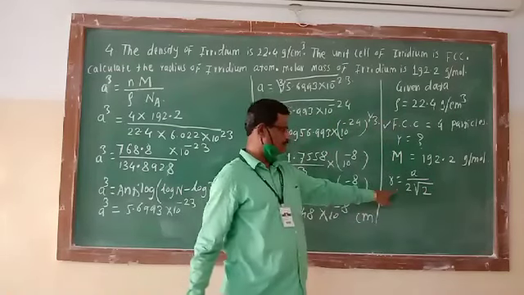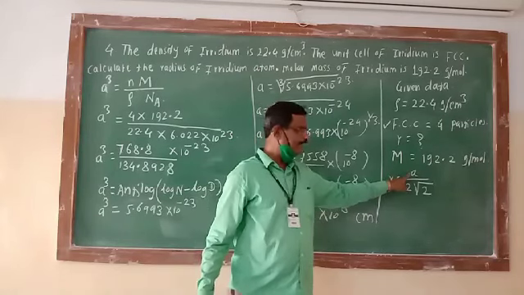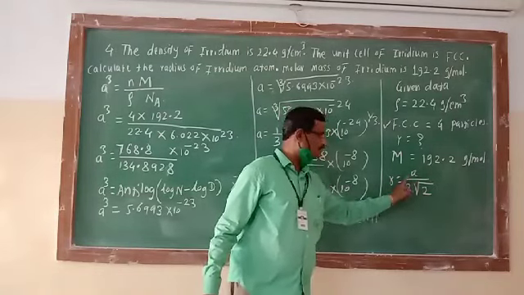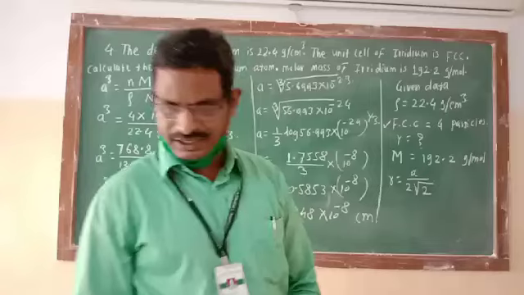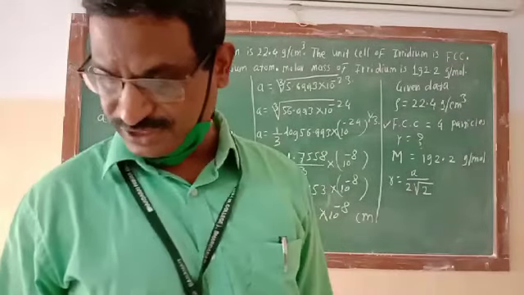This is the equation we have studied, which shows the relation between radius and edge length. If we solve this factor, it comes equal to 0.3535.